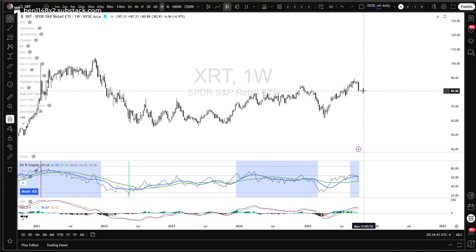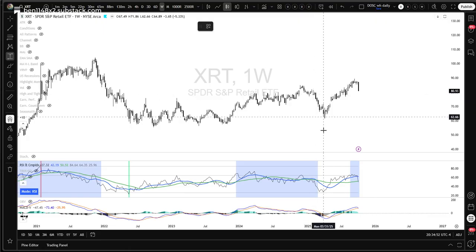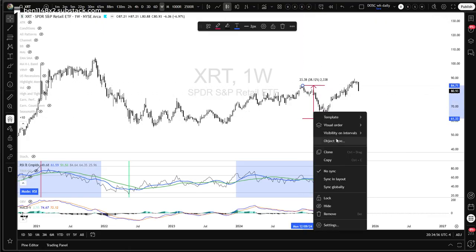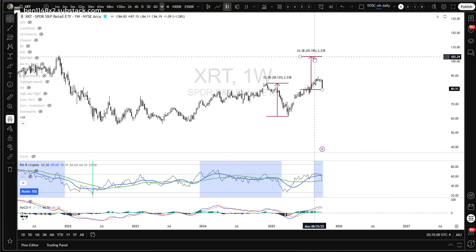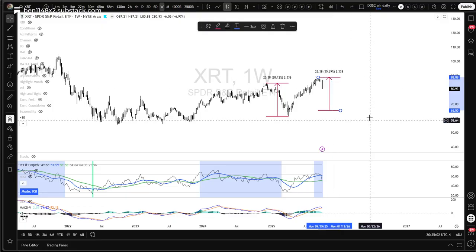And so strong bullish setups, failed bullish setups become strong bearish setups. If we were forecasting just from this base, I would have been maybe looking for a move like this. And now that it has failed on us, we could see the retail sector ETF plummet down pretty far.